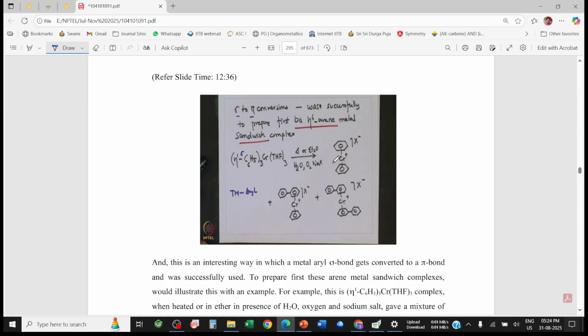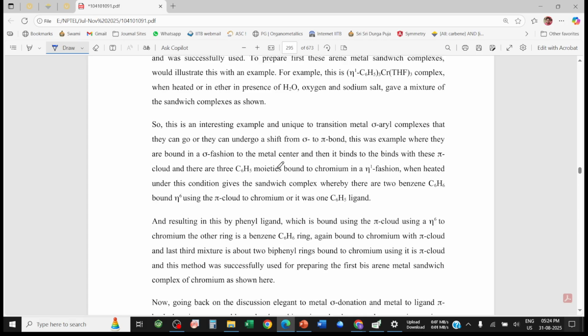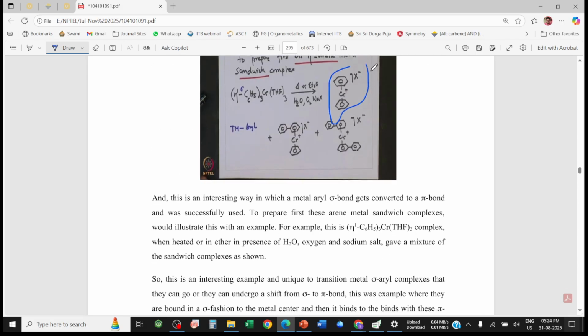So here the conversion from eta 1 to eta 6 happens. So this is also another good example of forming this compound.